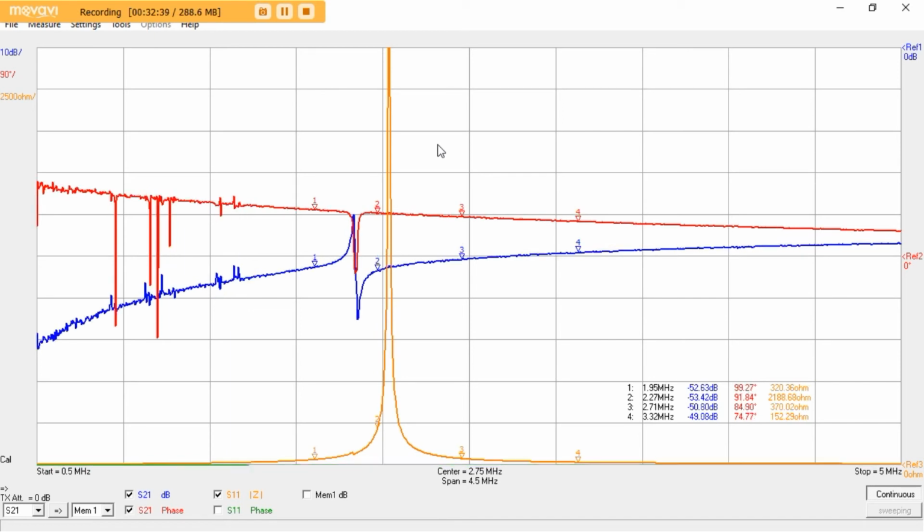That's at 60. We can see now that they're almost out of coupling between each other. If I was to go to around about 70 or 80, it takes the coupling out completely.